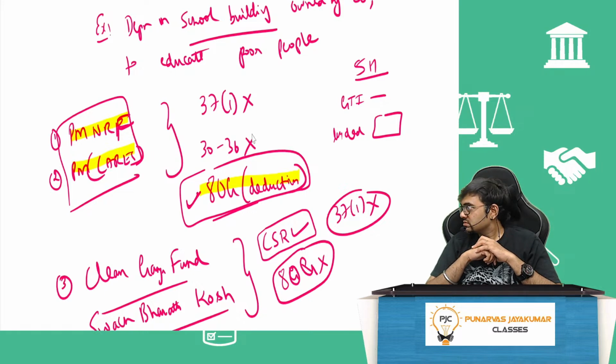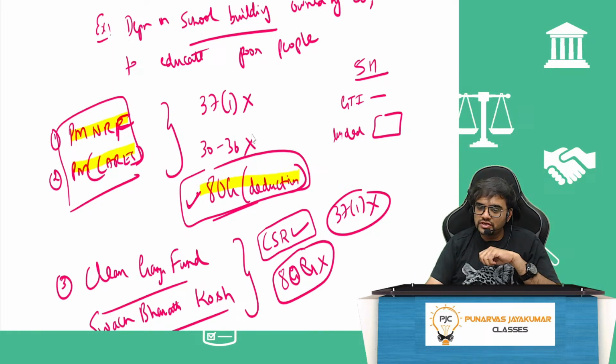Except two things. Prime Minister's National Relief Fund, these two you can claim. Prime Minister's National Relief Fund you can claim. PM CARES Fund you can claim. Means you cannot claim under CSR, but you can claim under 80G.